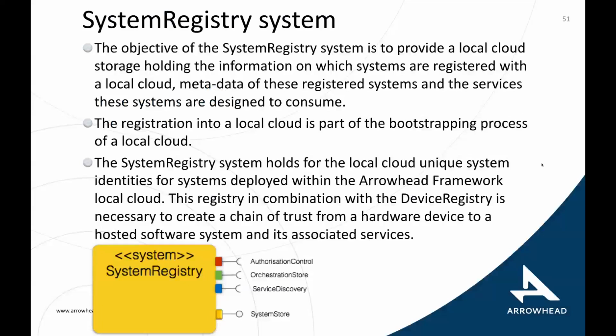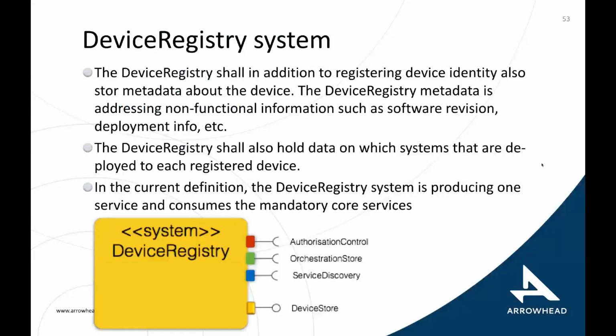System registry is to keep track of which software systems are actually onboarded in the local cloud, and device registry is the same, but for the individual hardware that's included in the local cloud.